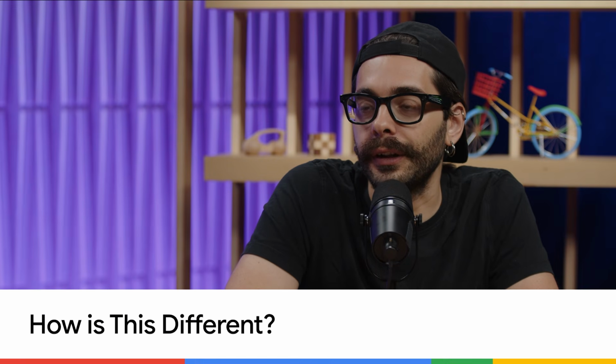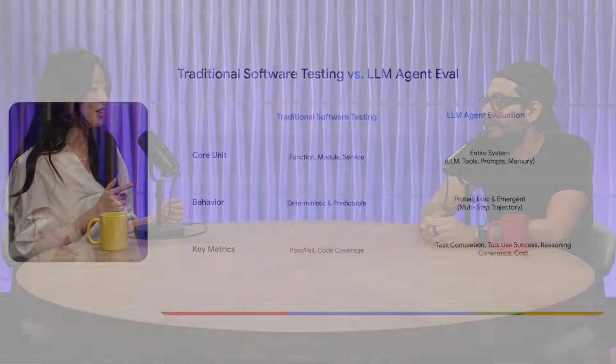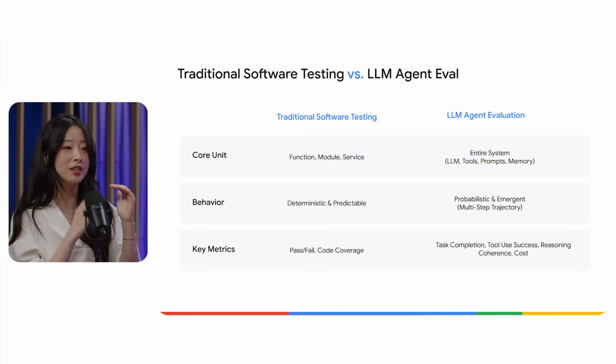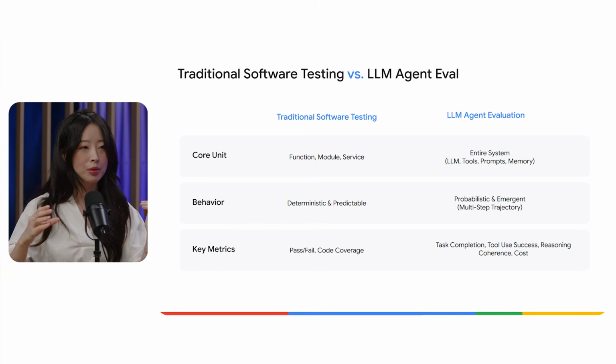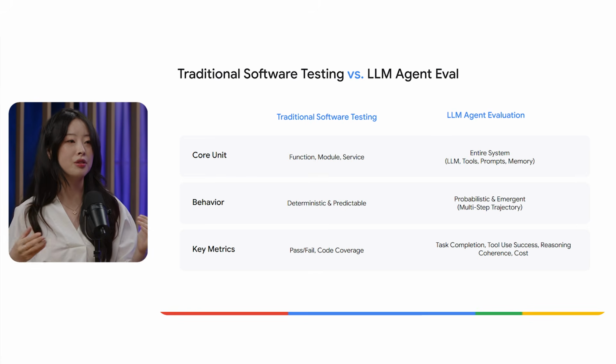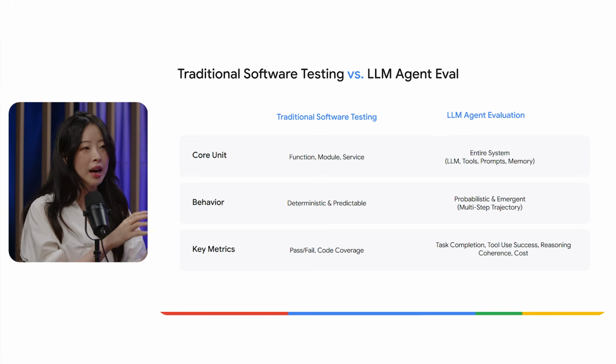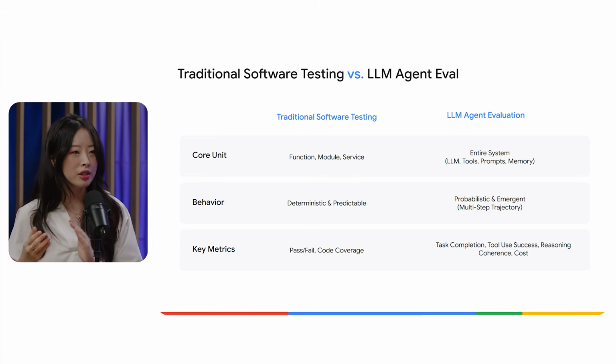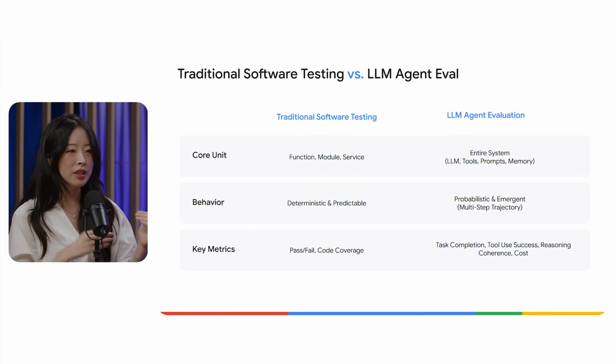Okay, so how is this different from traditional testing or even from standard LLM evaluation? That is a really great question. Traditional testing is deterministic. It's the same input, same output almost every single time, right? It's perfect for unit tests, to check pass or failure. But agents don't work that way. Agents are variable.